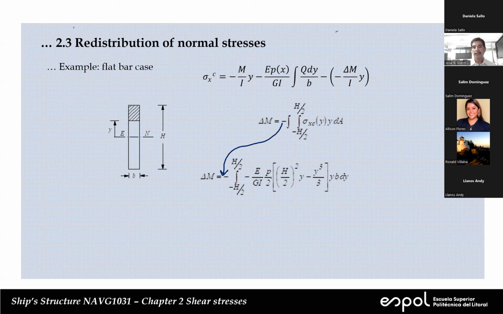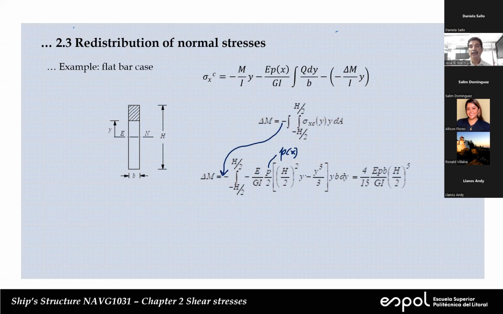And we can recognize that there are certain terms which do not influence the integrand. So we have E, G, I, and E, G, and I. These are constants. P, remember, P depends on x, so it doesn't depend on any position of the section. So we can take that out of the integral. B is a constant. Y has to be part of the integration.